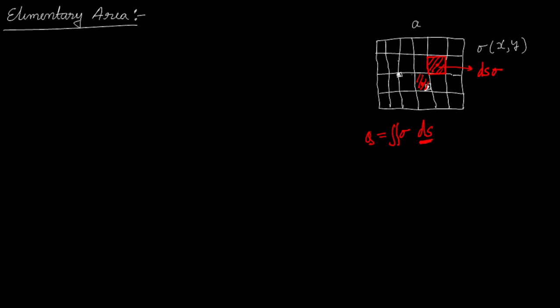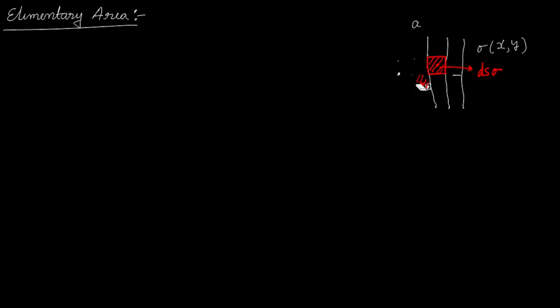Elementary area. In the rectangular coordinate system, we can define three types of plane: xy plane, yz plane, and zx plane. So let me define these three planes first.